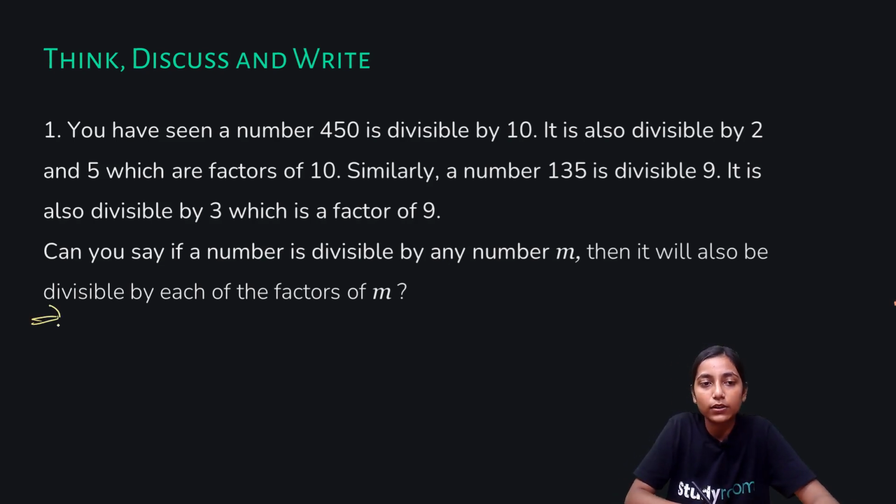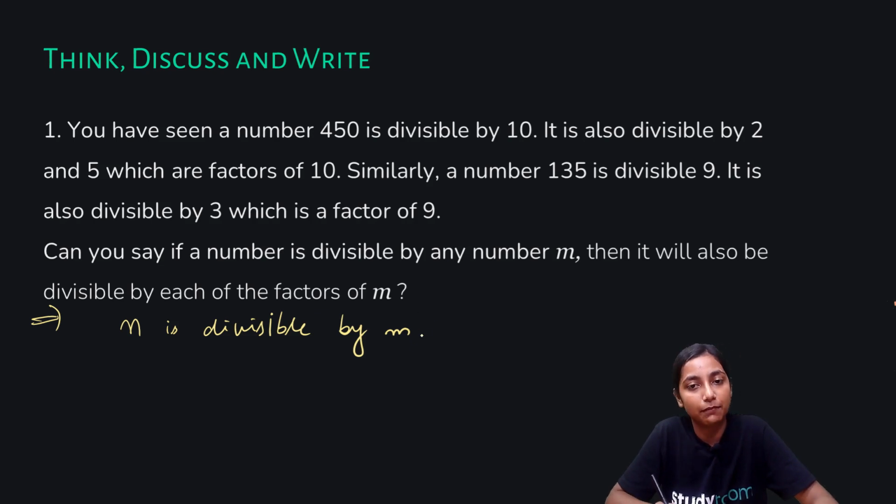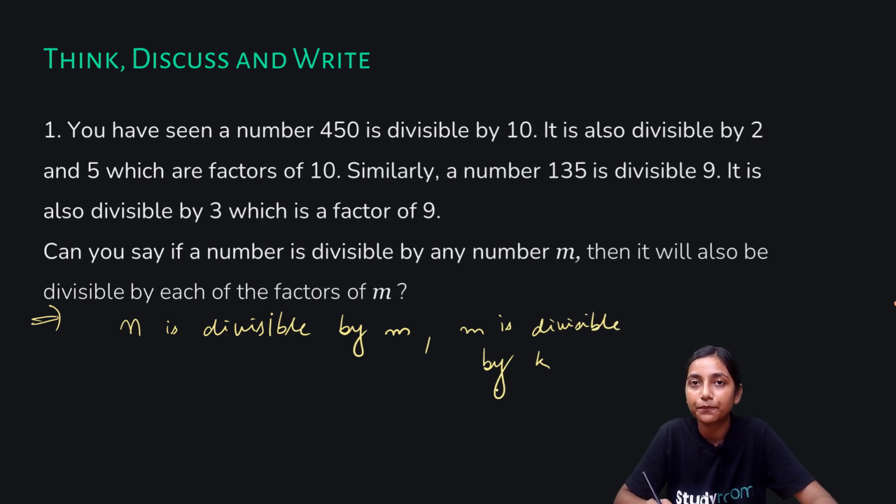Let's just find out. I am taking a number n that is divisible by a number m. Right? n is divisible by m and m is further divisible by k.